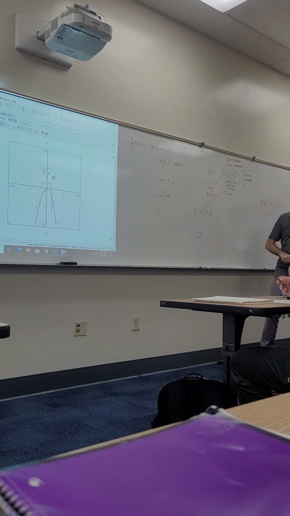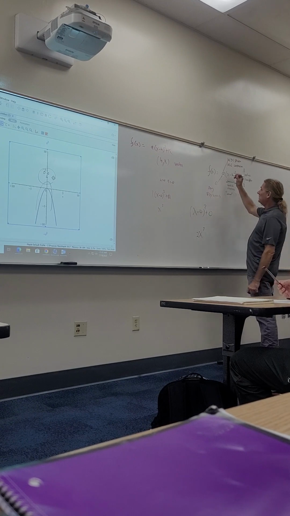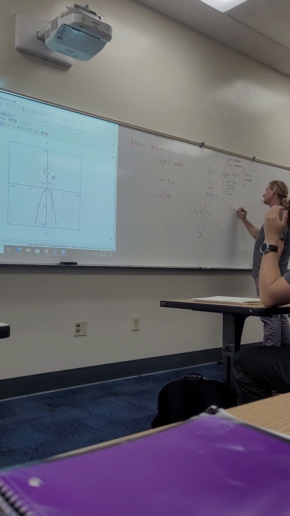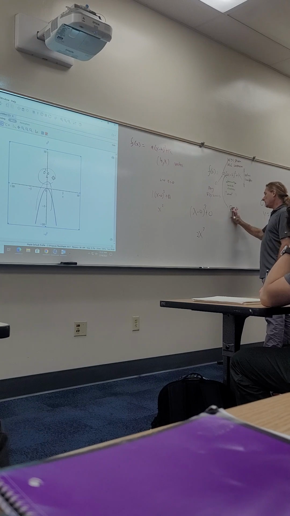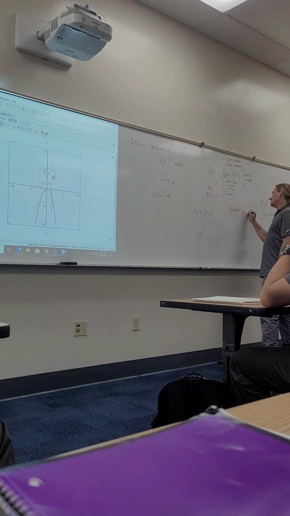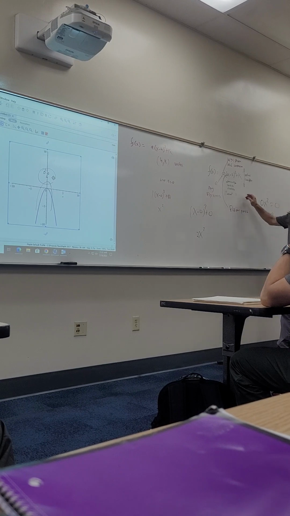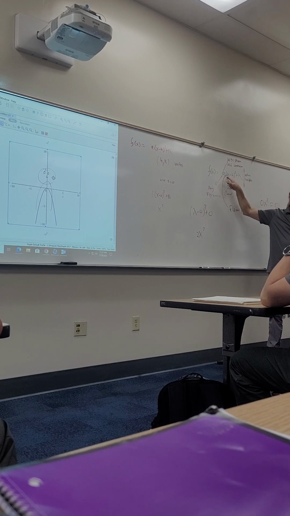There's one thing left. If I put a negative inside here, this flips it over the y-axis. If I wanted to flip something over the y-axis, I need to put a negative on the inside of this x.